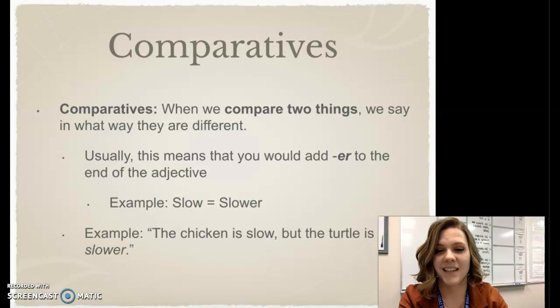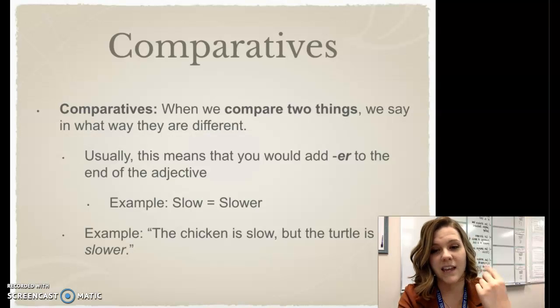In my example, it says, the chicken is slow, but the turtle is slower. In this example, I'm comparing two items, the chicken and the turtle. Because there's two items there, I know that I'm going to use the comparative form, and that's why I add er to slow.